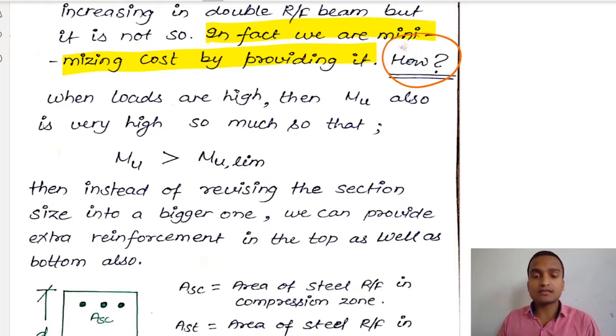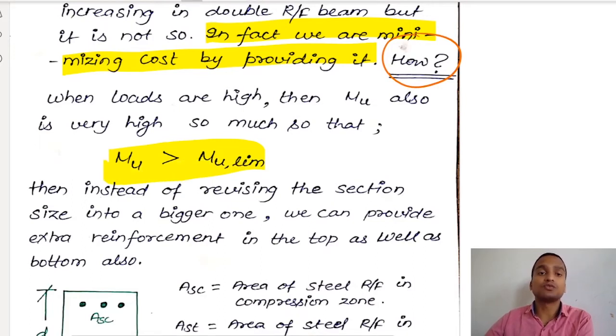So the flexural resistance of the beam, denoted by Mu, the ultimate moment of resistance, is also very high. So much so that Mu exceeds Mu limiting.